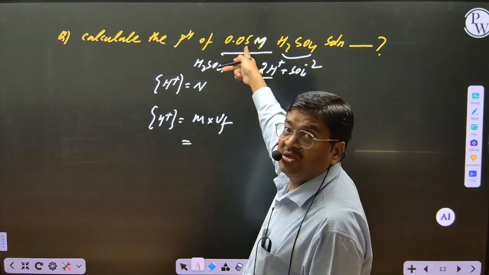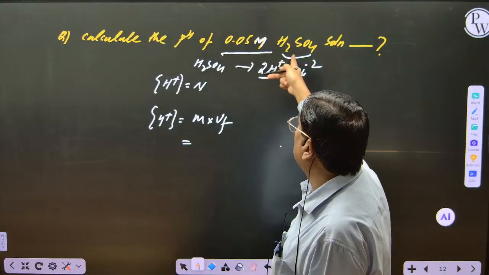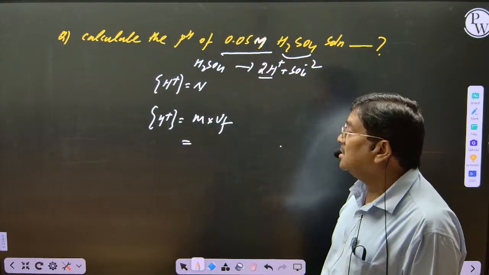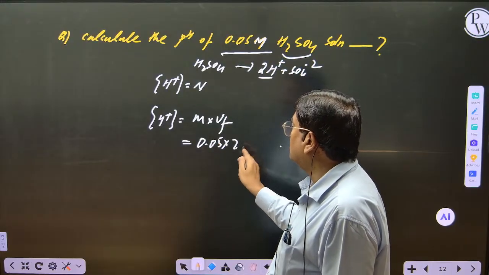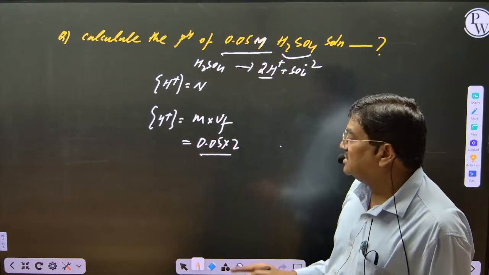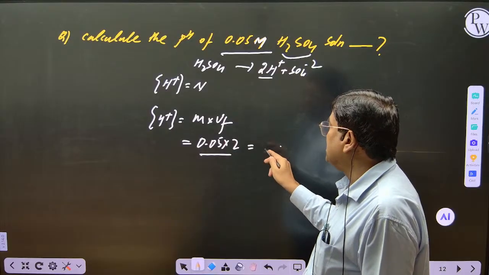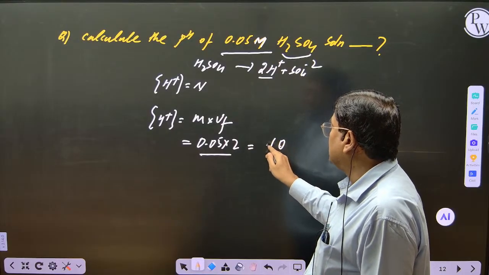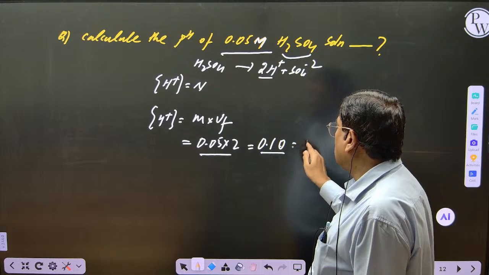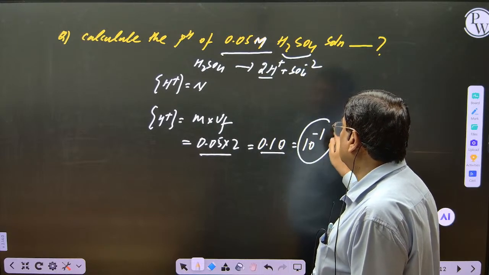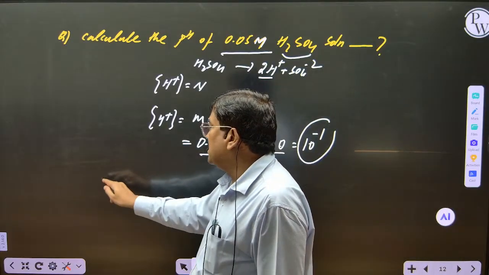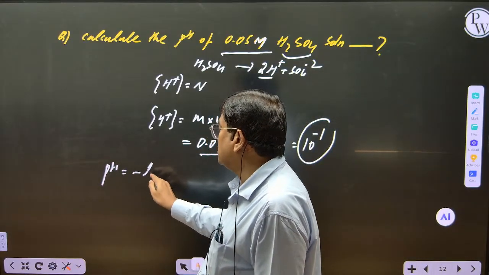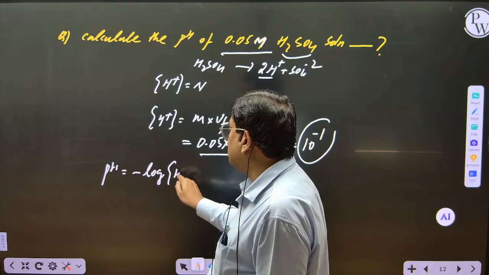Molarity means these many moles, 0.05. But there are 2 replaceable hydrogens, so you have to multiply this 0.05 into 2. That comes to how much? 5 twos are 10, put the decimal after 2 digits, so it is 0.1, or I can write 10 power minus 1. Now to this we apply pH. What is pH? We wrote just now: minus log of H plus ion concentration.